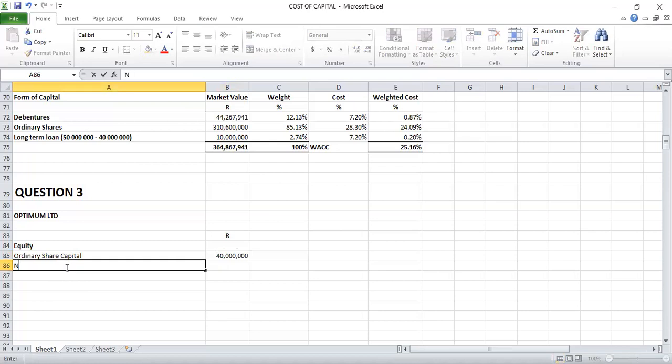We have non-distributable reserves, they are 1.6 million.